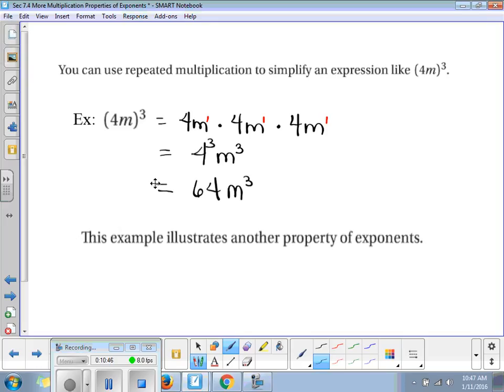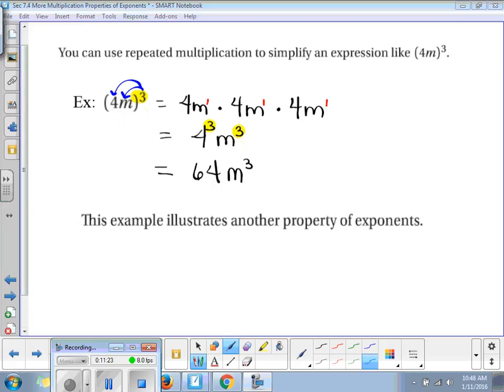Now, I want to point out to you, going from this to this, if you look at that exponent 3, it applies to the m and the 4. Does everybody see that? So when you have a product raised to a power, the exponent gets applied to everything inside the parentheses.